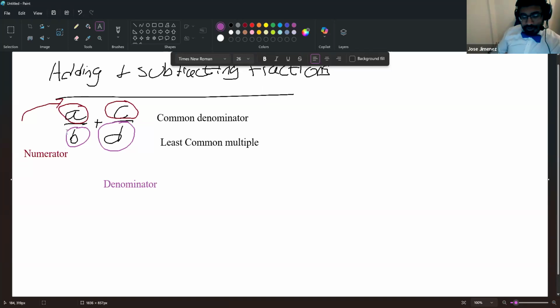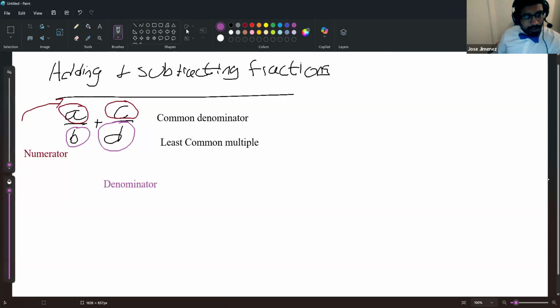And the most interesting part about the numerator and the denominator, we're going to see that the numerator itself is the thing that we're going to always combine together. This is the thing that's going to be added together usually.